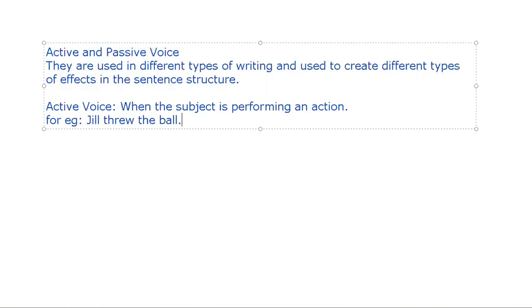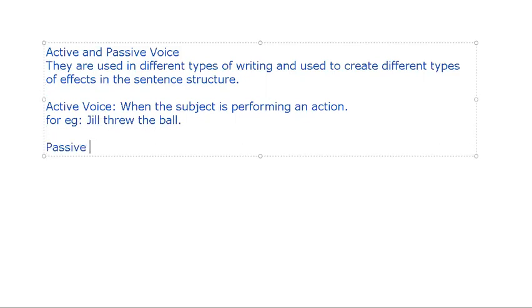So this is a very simple sentence. Jill threw the ball. In this, we can see that the subject, Jill, is performing an action. She's performing the action. She threw. Threw is the verb. Jill threw the ball. And we say Jill threw the ball because we see the subject doing this action.